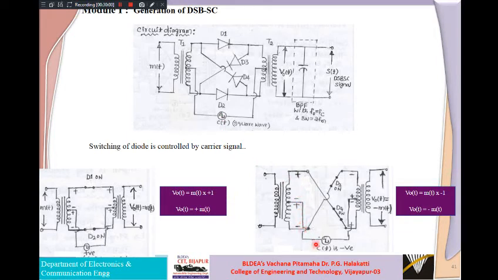So when c(t) is negative, we talked about when c(t) is positive, and the same thing we have indicated here.